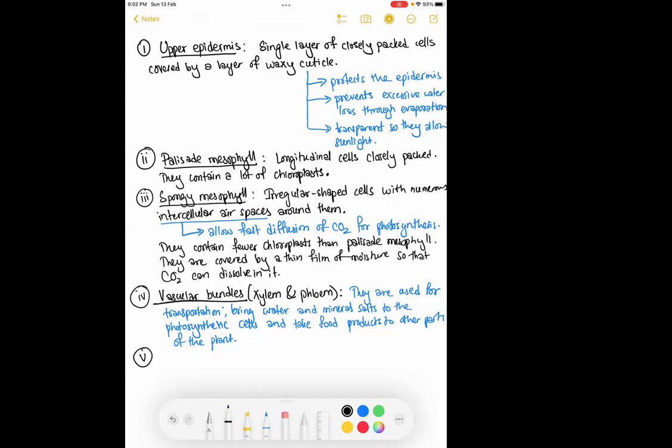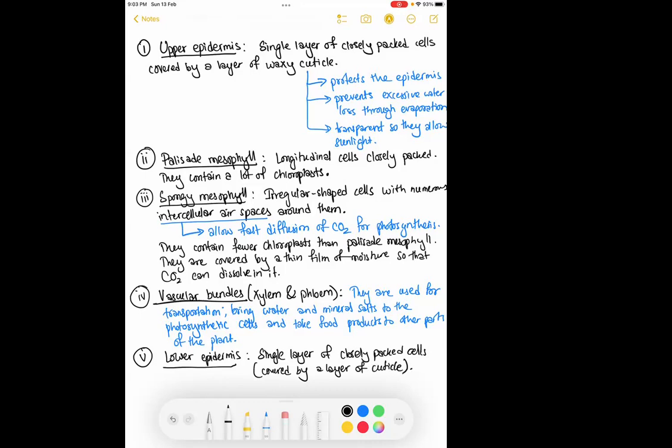Okay, number 5, the last one, is the lower epidermis. This is a single layer of closely packed cells, again optionally covered by a layer of cuticle.